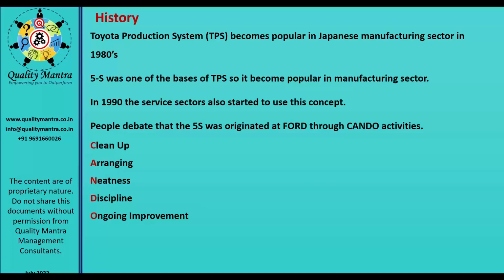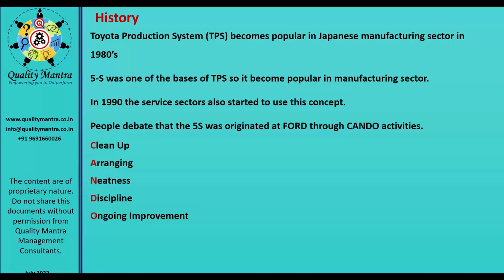So Toyota started this production system called Toyota Production System, and it became popular during the 1980s in the Japanese manufacturing sector. Many manufacturing organizations adopted the TPS, implemented the TPS. And you people know this 5S was one of the bases of TPS.